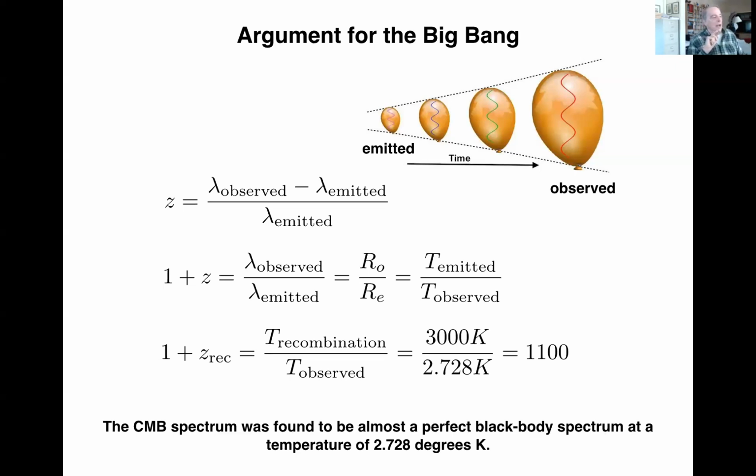Okay, and 1 plus Z, when you study a little cosmology, you learn, is the observed wavelength over the emitted wavelength. So you think about a photon emitted sometime in the past, it propagates through the universe, and you observe it today. Well, the redshift of that photon, how much the wavelength has been stretched, is proportional to the size of the universe today compared to the size of the universe when it was emitted.